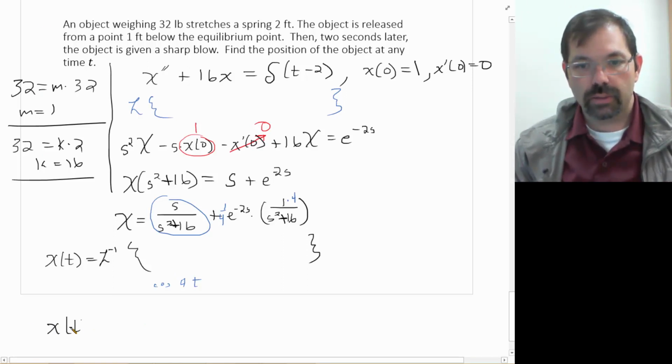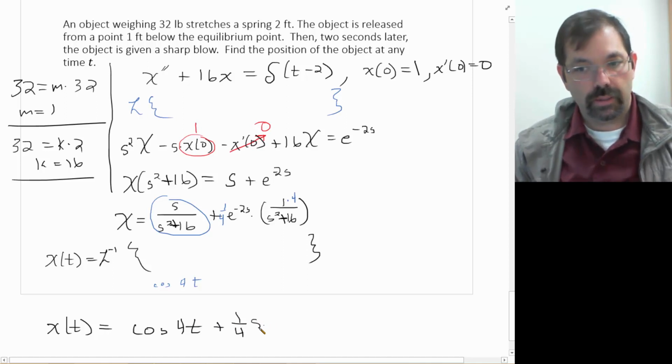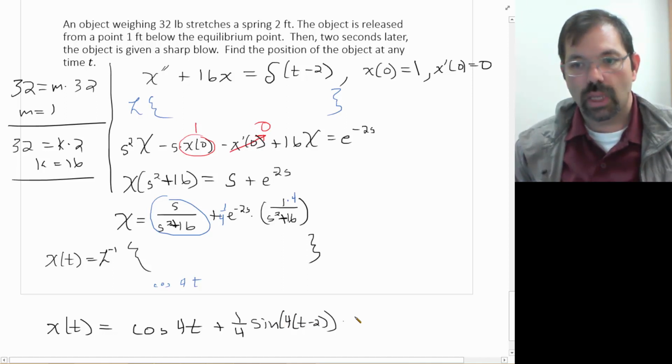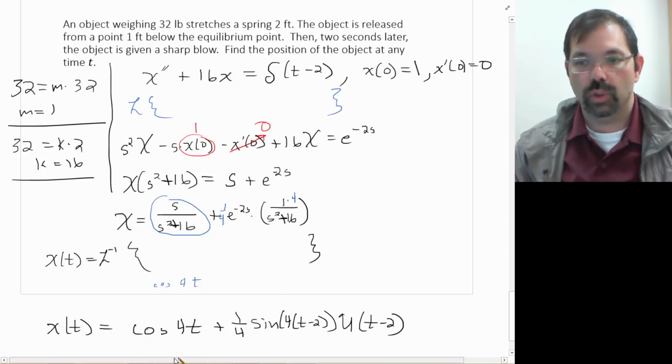So then x of t is going to be cosine 4t plus 1/4 sine of 4 times (t minus 2), times the unit step of t minus 2.